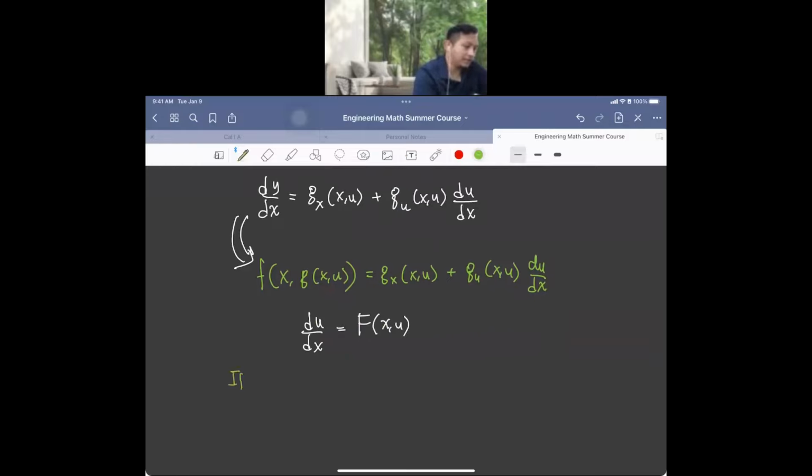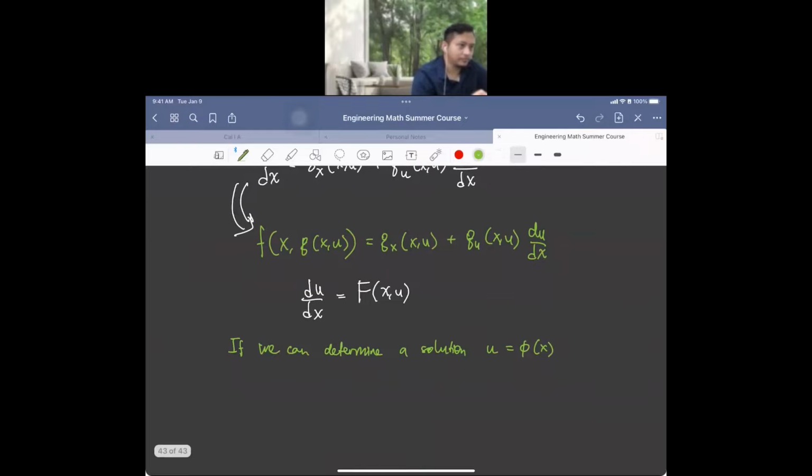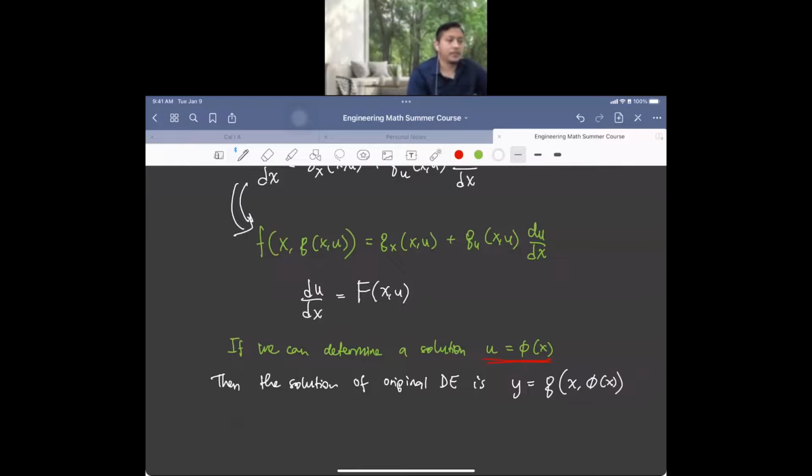Now, the idea is if we can determine a solution, let's say u equals phi of x, then the solution of the original differential equation is y equals g of x, phi of x.